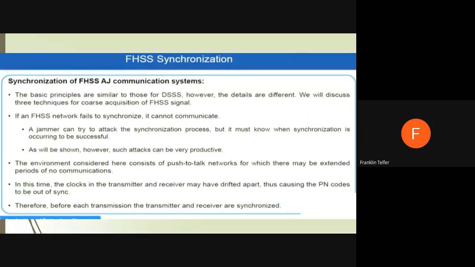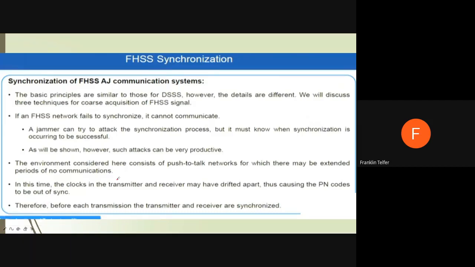In that intermediate process, synchronization processing is being done. It makes sure the enemy or anyone doesn't try to jam the signal. If the period gets extended for a long time, and there is a delay or jitter, the problem of synchronization comes.